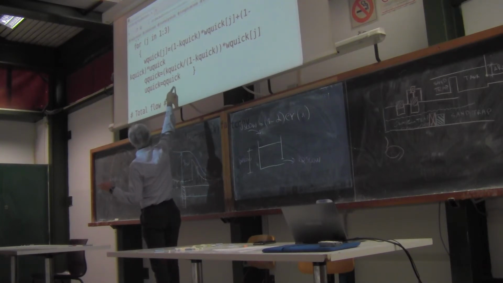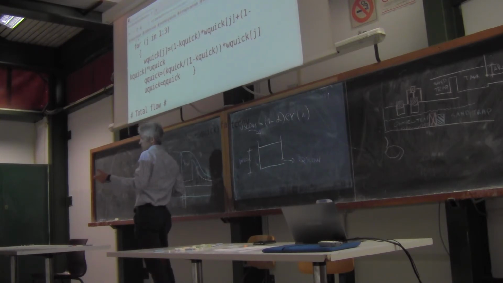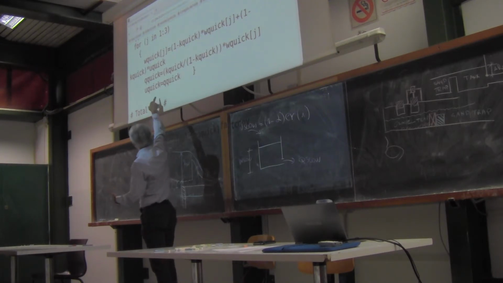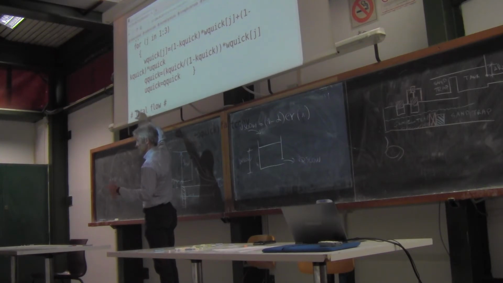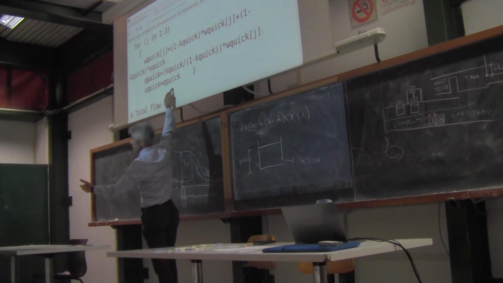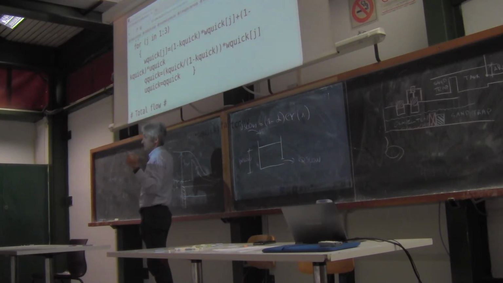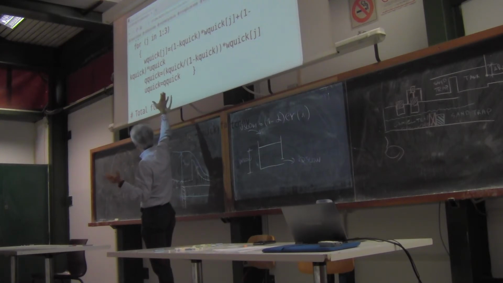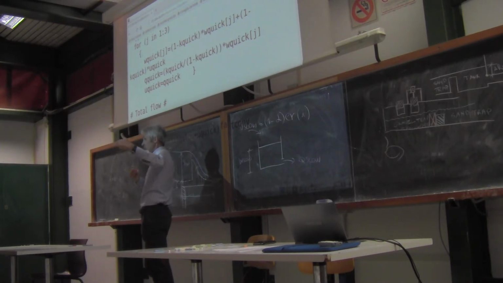There is this instruction added here because we substitute the outflow from each reservoir with the inflow of the next one. So basically here we update U quick for the next cycle. The next cycle is the next reservoir. We equate U quick contribution to the next reservoir to the outflow from the current reservoir. But it is basically a repetition for 3 times of the 2 relationships that we applied above.